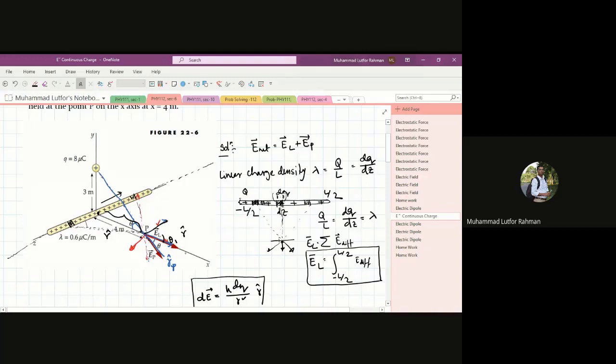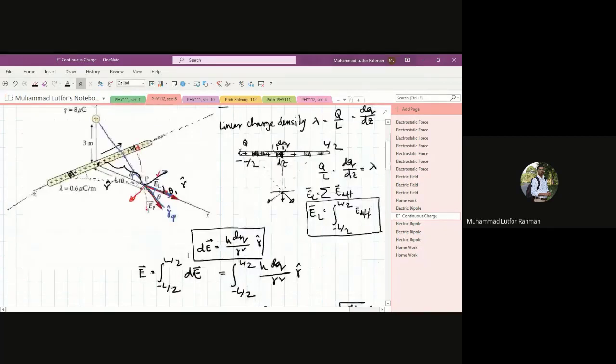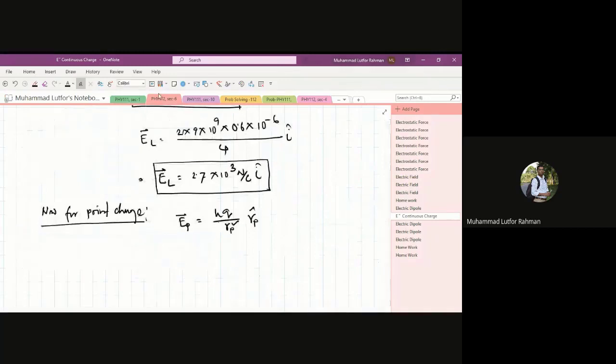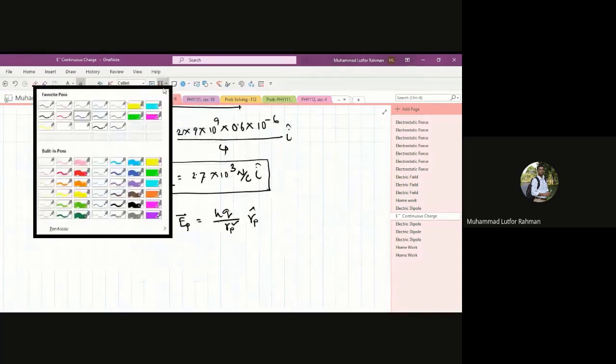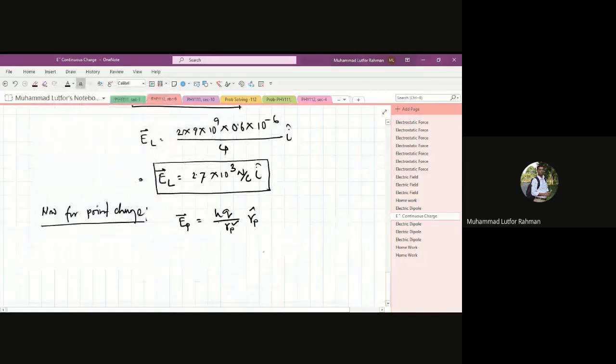In this unit vector R_P hat, I can write R_P hat would basically be cos theta i hat minus sin theta j hat, right? Where R_P magnitude would basically be the square root of 3 square plus 4 square, that's going to be 5, because you can find out.